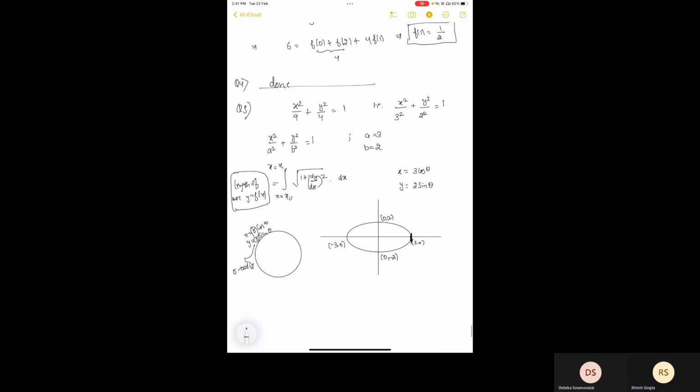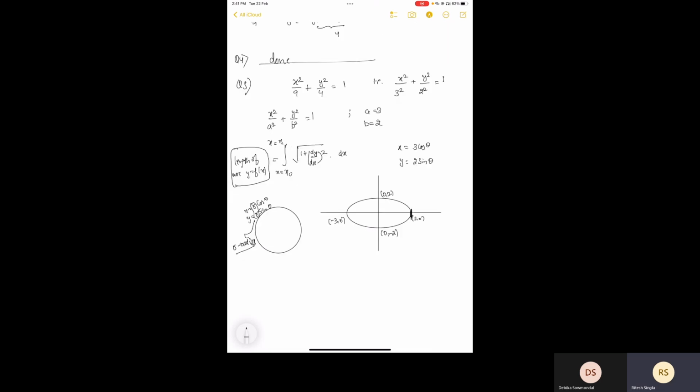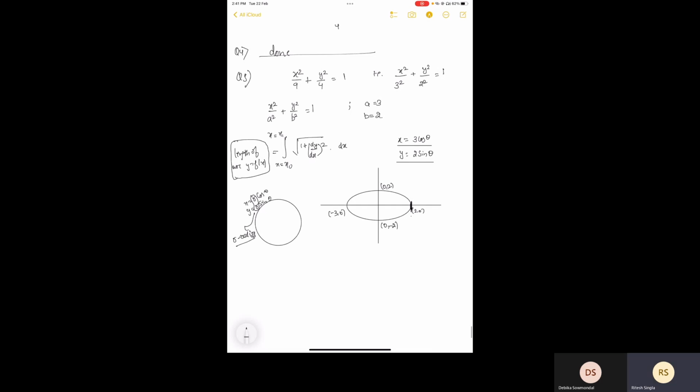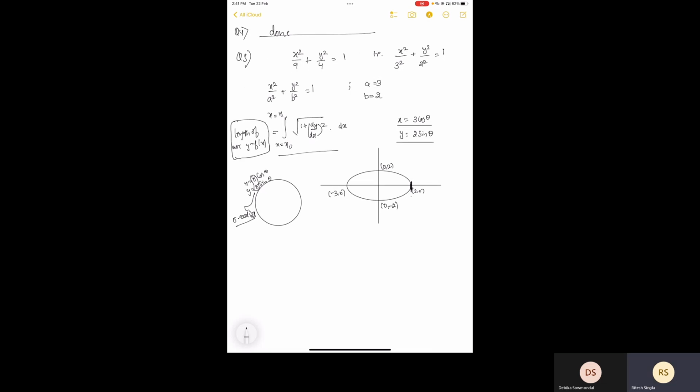But since in the ellipse the x and y intercepts are different, we put x is equal to 3 cos theta, the x intercept, y is equal to 2 sin theta, the y intercept. This integration will now transform to integration 0 to 2 pi of root of x prime theta square plus y prime theta square d theta.